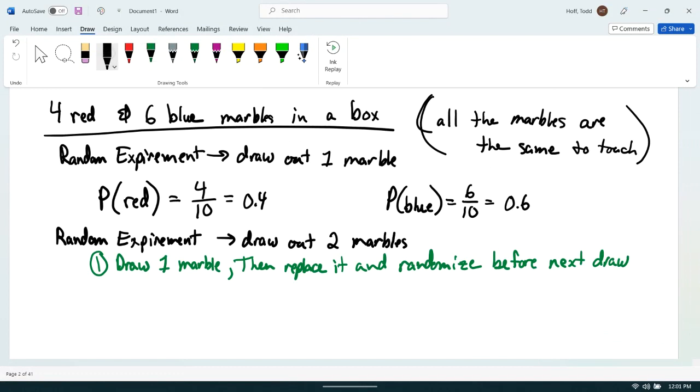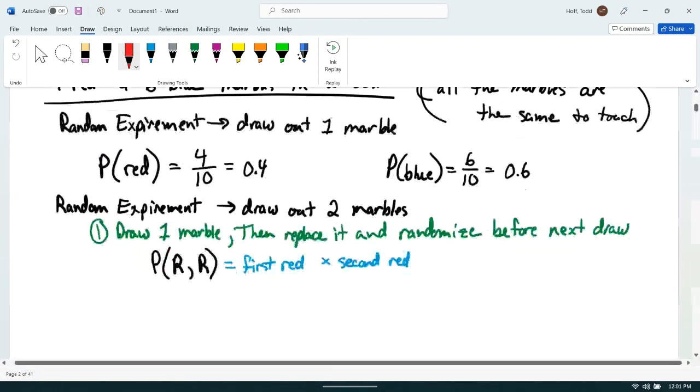So if I want to find the probability of drawing a red marble followed by another red marble, I'm just going to use R for red. So red and then red again. This is equal to the probability that the first one is red times the probability that the second one is red.